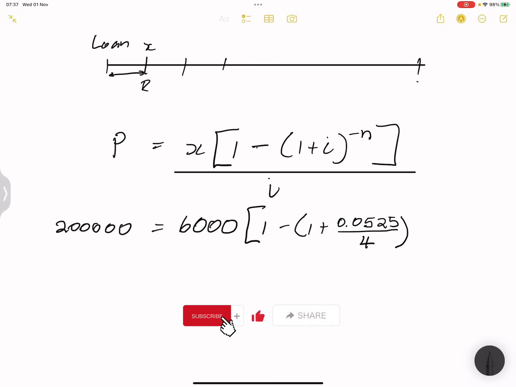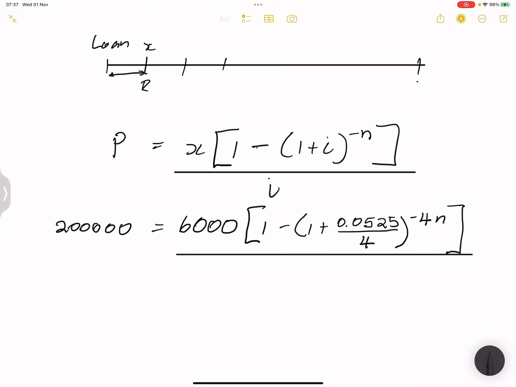So this is going to be minus 4, and n would be the number of years, that's n times m. Divide all of that by 0.0525 over 4. All that's left for us is to do some gymnastics.